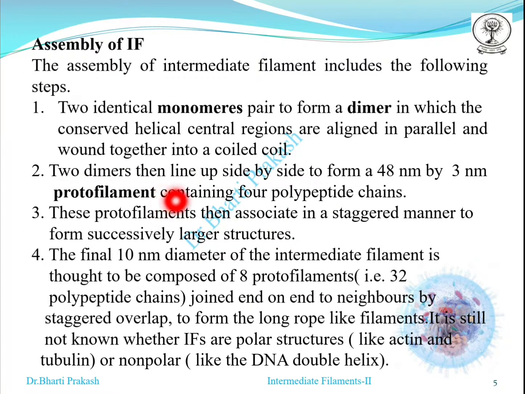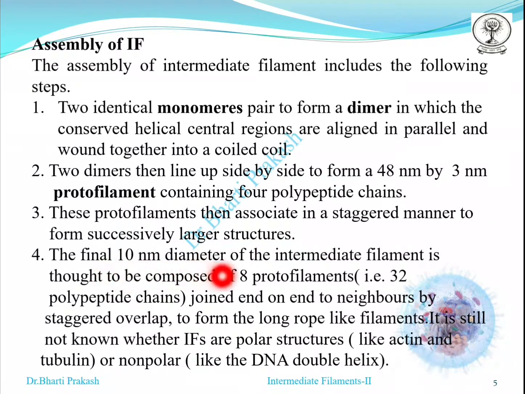Two dimers line up side by side to form a 48 nanometer by 3 nanometer protofilament containing 4 polypeptide chains. These protofilaments then associate in a staggered manner to form successively larger structures.